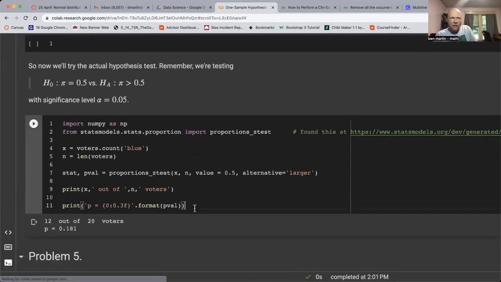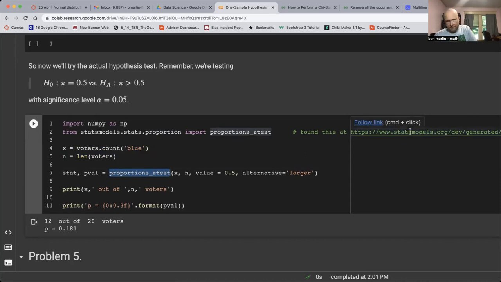So the thing I'm going to do here is to have my count of the voters who turned up as blue just as X, and then the N is the number of voters total. And then I'm using something called proportions z-test.